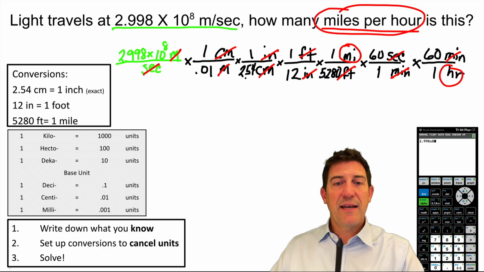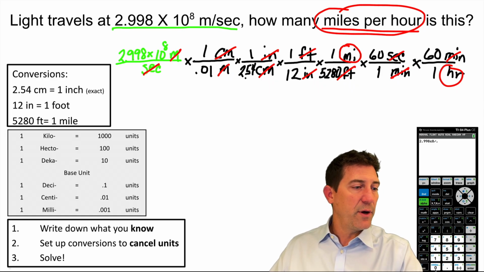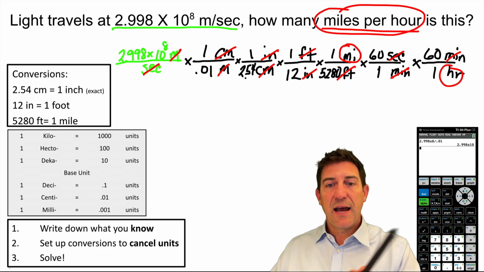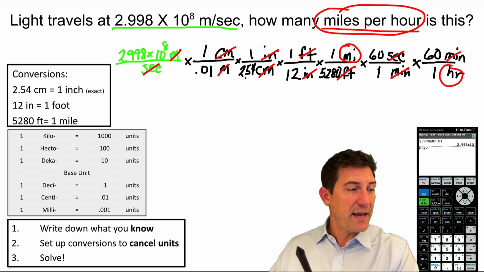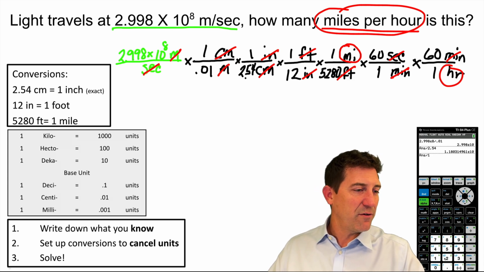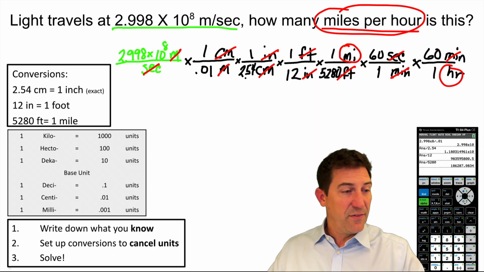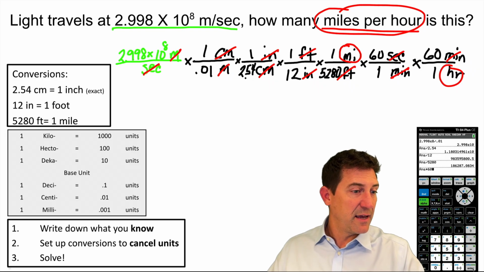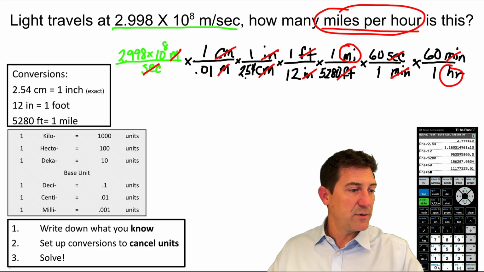I'm not going to do that. Take that whole thing divided by 0.01. I hit enter. I take that whole answer divided by 2.54. I hit enter. I take that whole answer divided by 12. Enter. That whole answer divided by 5280. Enter. That whole thing times 60. Enter. And one more time times 60.